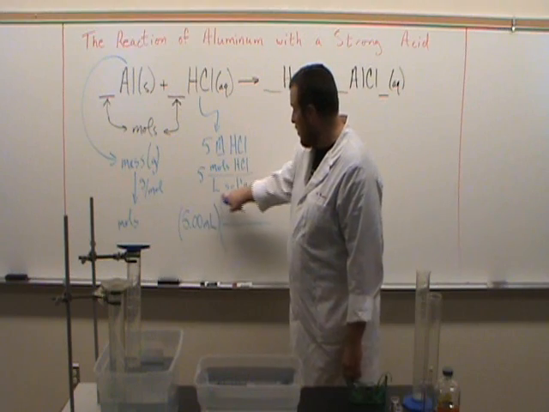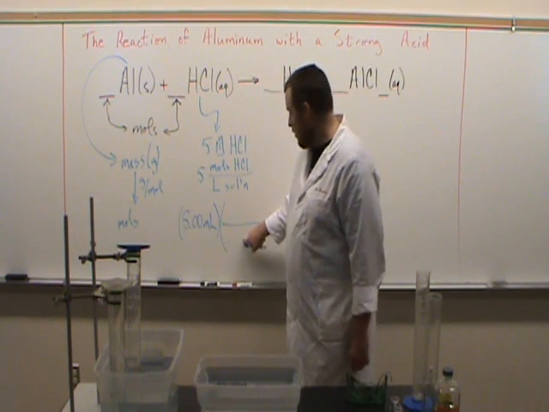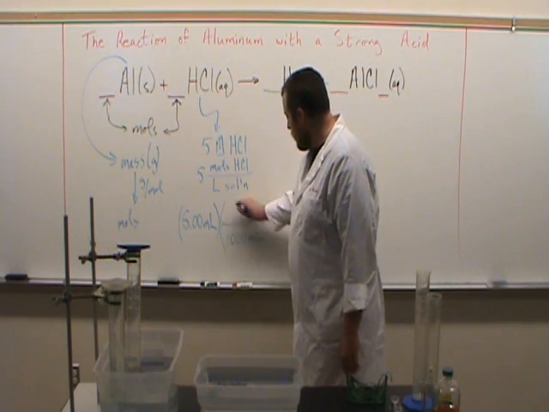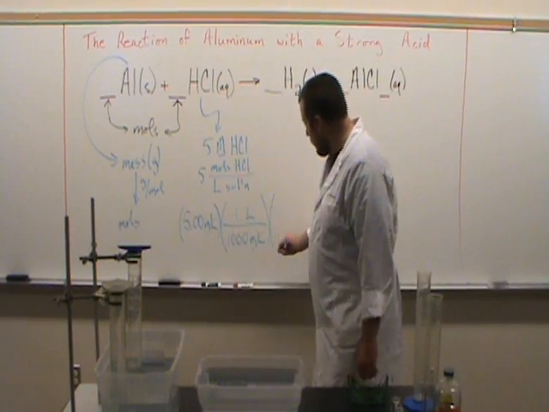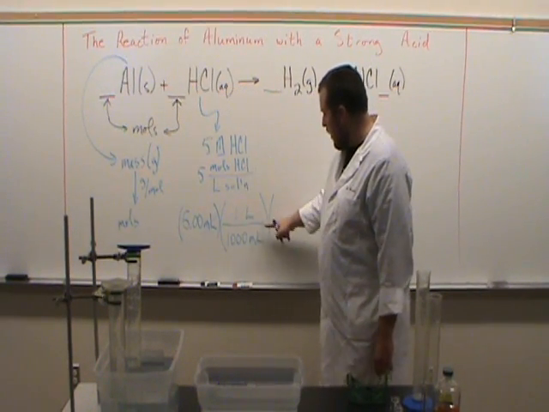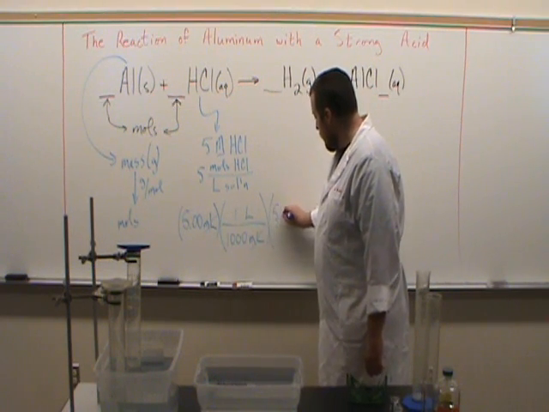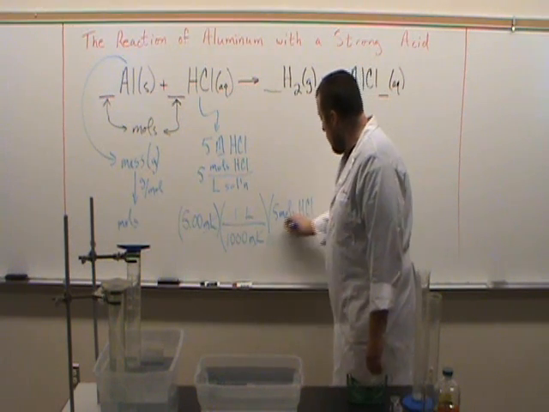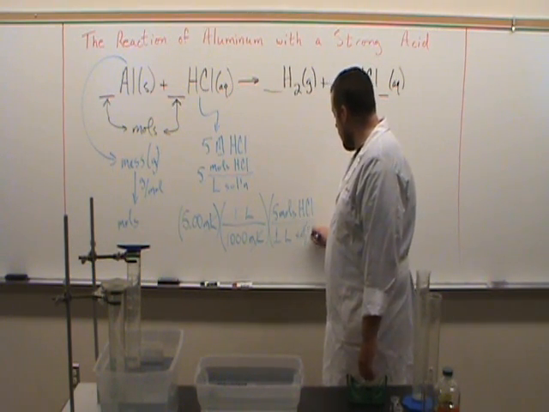Molarity is in terms of liters of solution, so what's our conversion factor here? 1,000 milliliters is 1 liter. Now that I know the volume, I can use the molarity. 5 moles of HCl per 1 liter of solution.